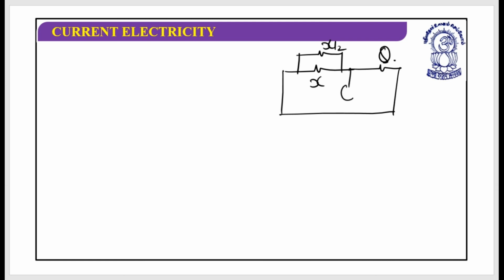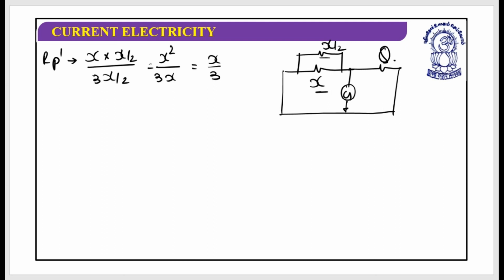Now let's suppose a new balancing length is required. This is X, this is X by 2. So first let's find out P dash, the new resistance of P. They are connected in parallel, so it is X into X by 2 divided by X plus X by 2, which is 3X by 2. So this is X square by 3X, which can be written as X by 3.